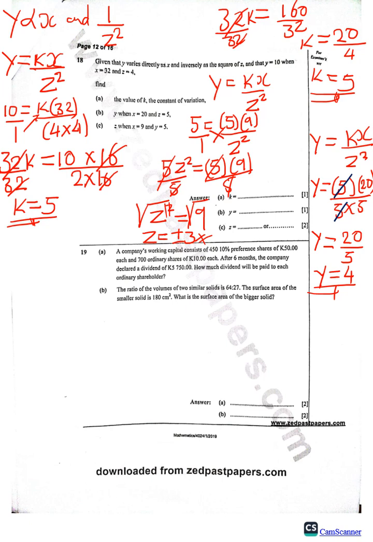So what we are going to do is we are going to add the total number of shares. So the total shares will be 450 plus 700. This will give us 1,150.